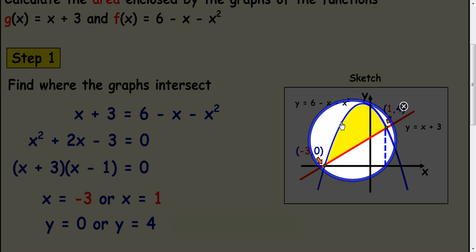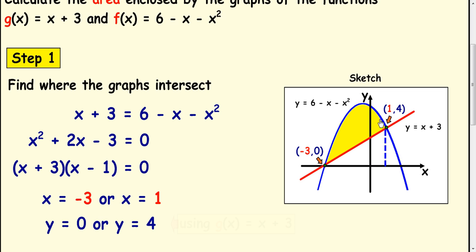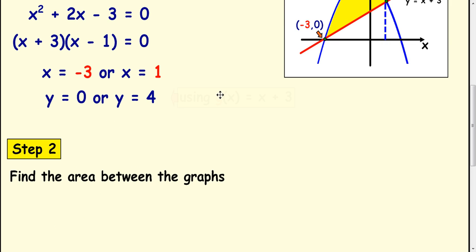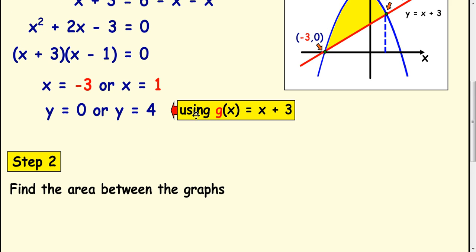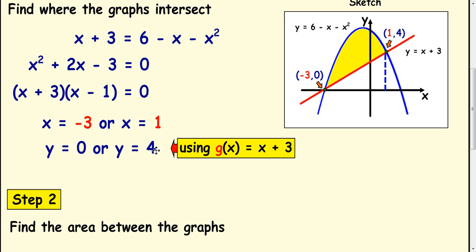So the blue line is your upper function, sorry, and your red line is your lower function. So the straight line is the lower one, the quadratic's the upper function. So we want to do this function subtract this function. And just a note to say that's how we got these y coordinates using that there.